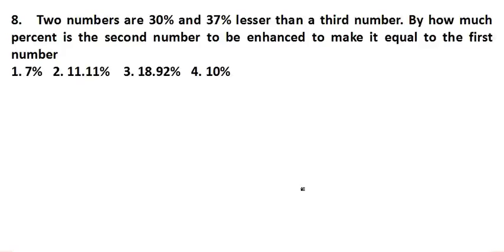Read the question. Two numbers are 30% and 37% lesser than the third number. By how much percent is the second number to be enhanced to make it equal to the first number? See, here it is written that there are 3 numbers: first number, second number and third number.